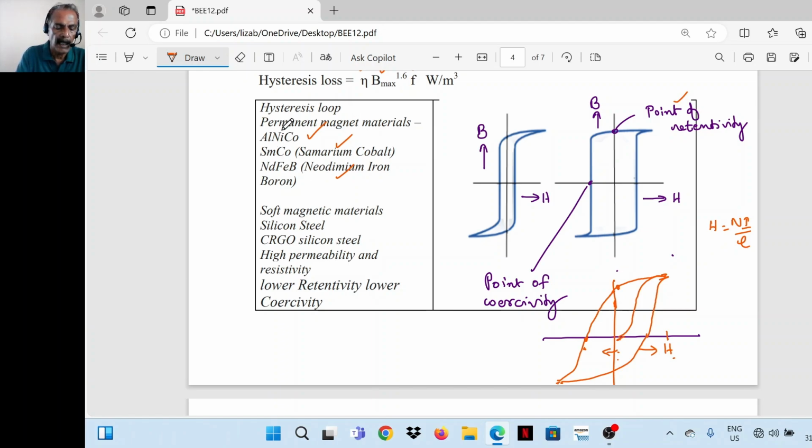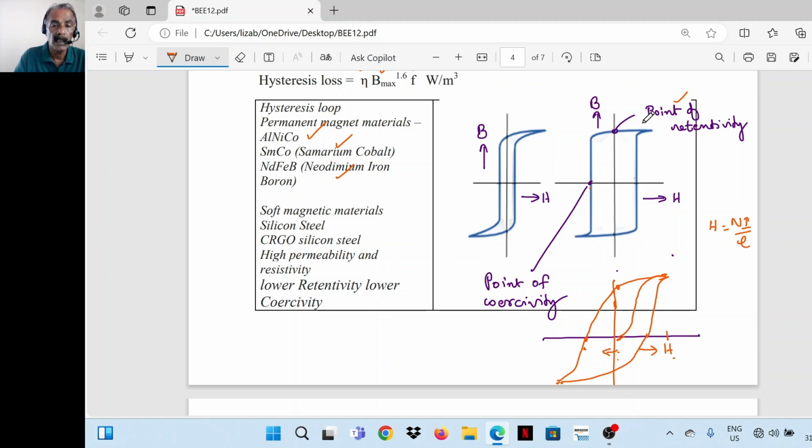The materials used for permanent magnets have a broader hysteresis loop. A large negative force is required to wipe out the residual flux density. That means if such a material is used for a transformer core, a considerable amount of heat will be generated due to hysteresis.